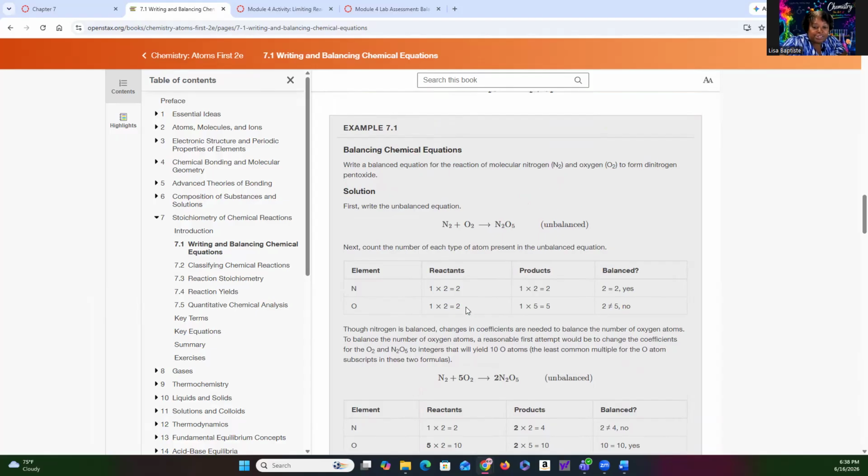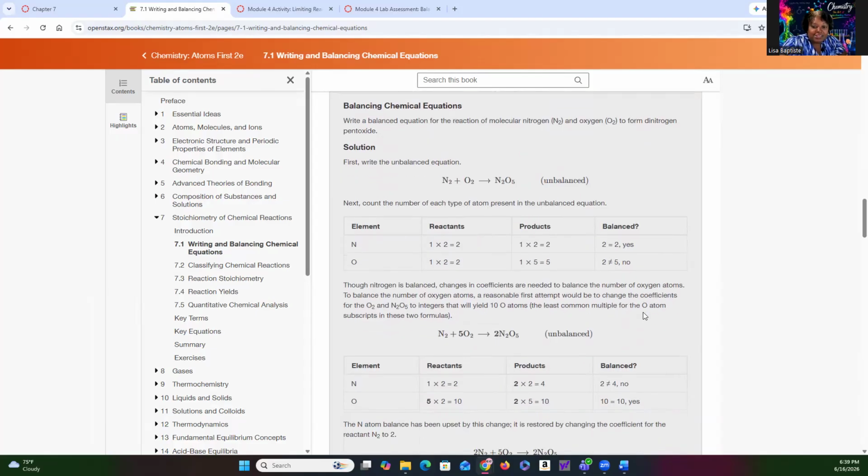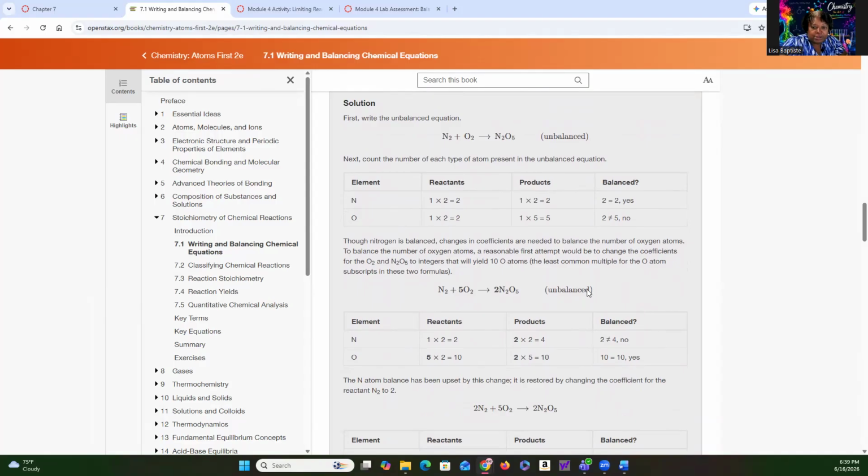We have 2 oxygen on the reactant side, 5 oxygen on the product side, so that's not balanced, okay? So we want to balance it. So our oxygen on the reactant side is what's lacking, okay? So we have 2 here, but we need it to be 5, okay?